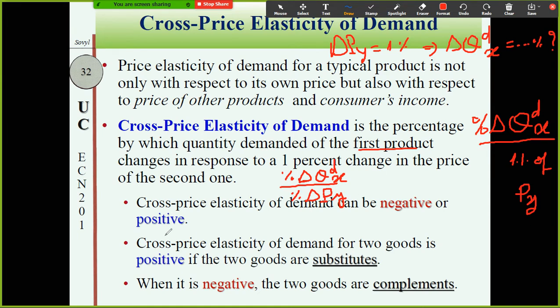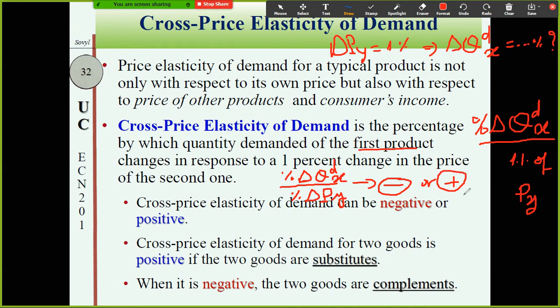Okay, cross price elasticity of demand will be negative sign, or positive.